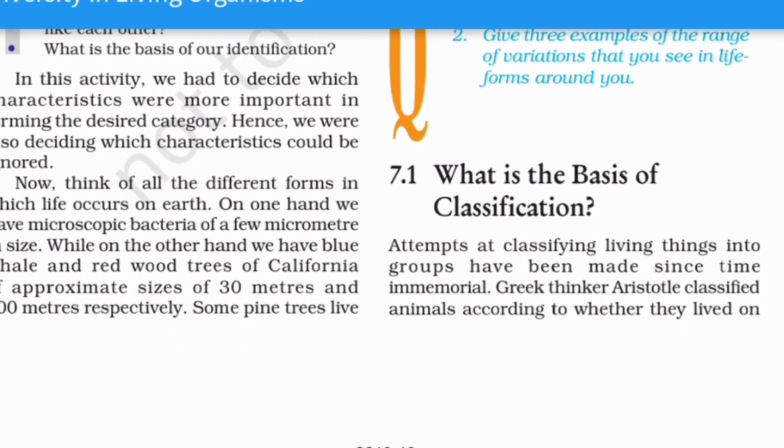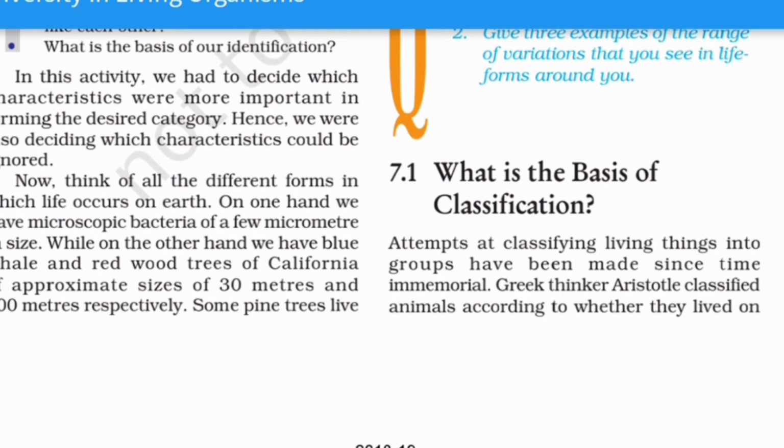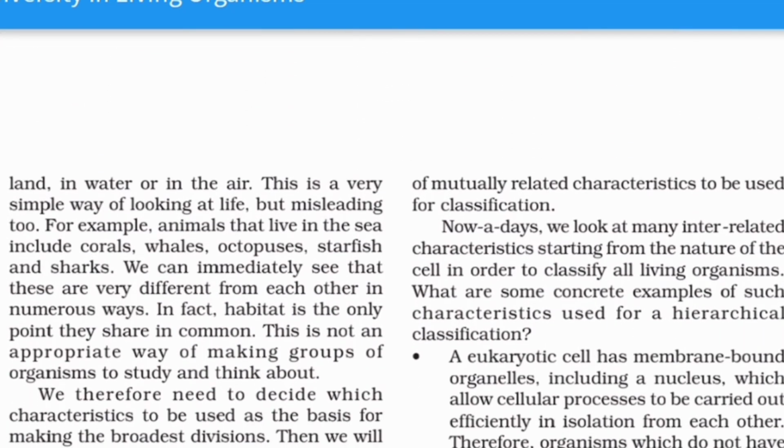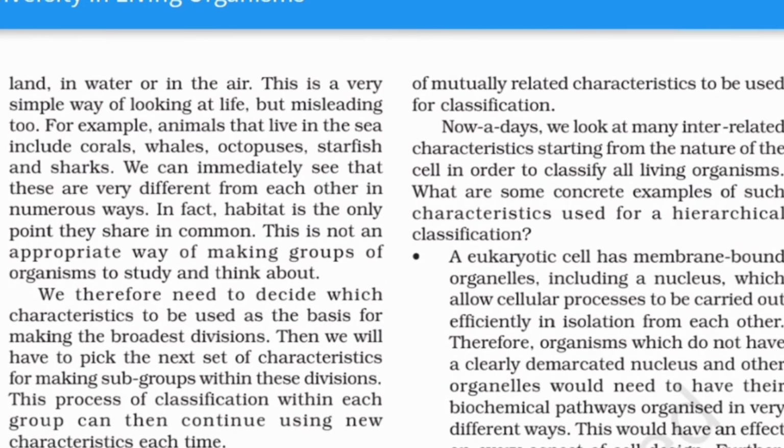So what is the basis of classification? On what base is classification done? Attempts at classifying living things into groups have been made since time immemorial. Greek thinker Aristotle classified animals according to whether they lived on land, in water, or in the air. This is a very simple way of looking at life, but misleading too.